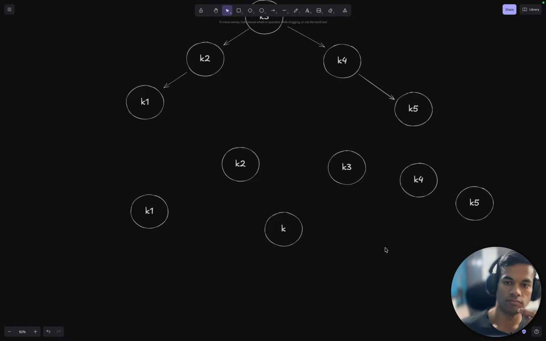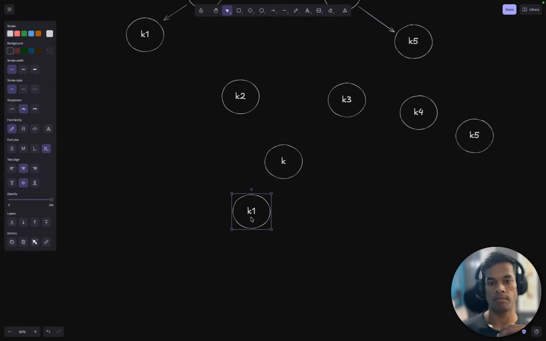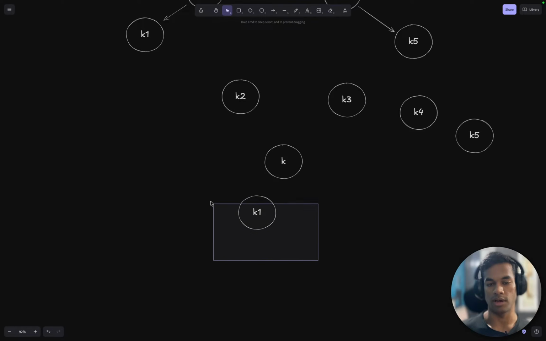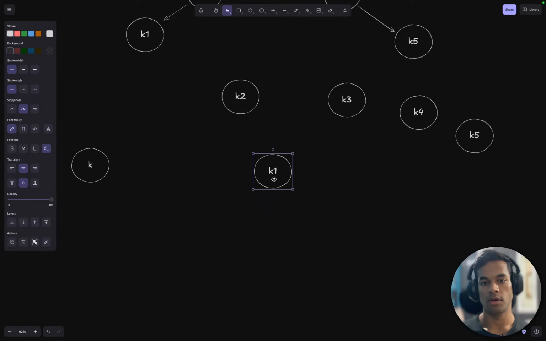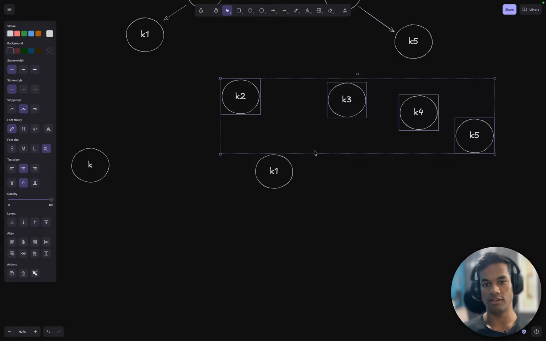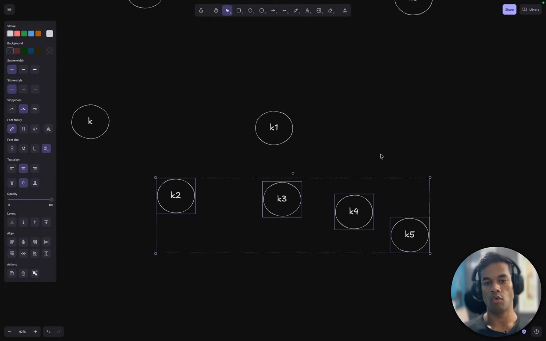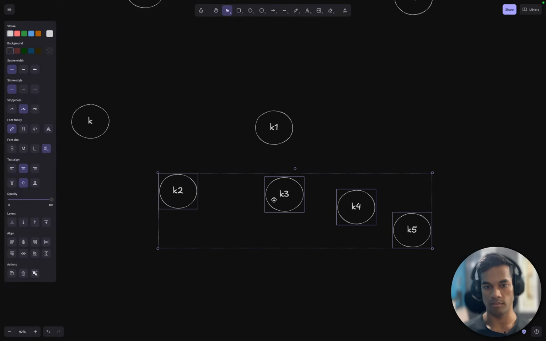Now, how do I find the optimal values for a subtree? Let's say I choose K1 as my root. If I do choose K1 as my root, then the subproblem that this choice depends on is: what is the optimal subtree that I can form using all of these remaining nodes?